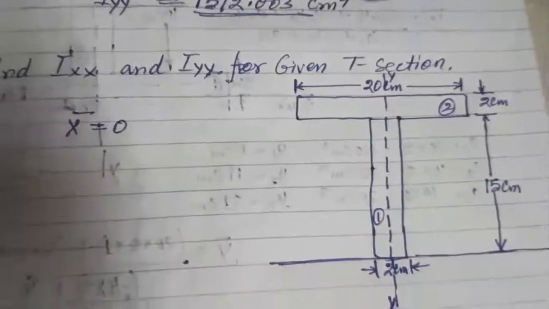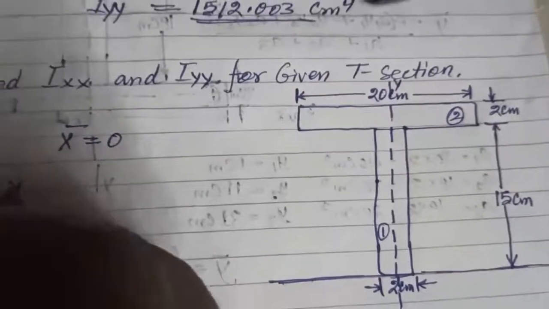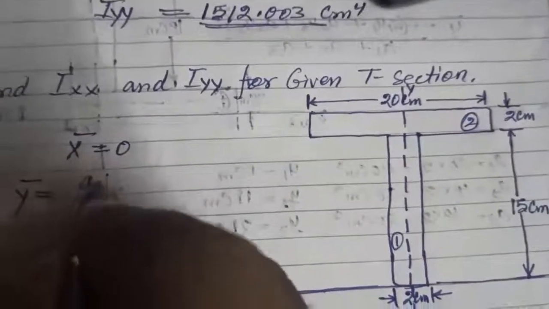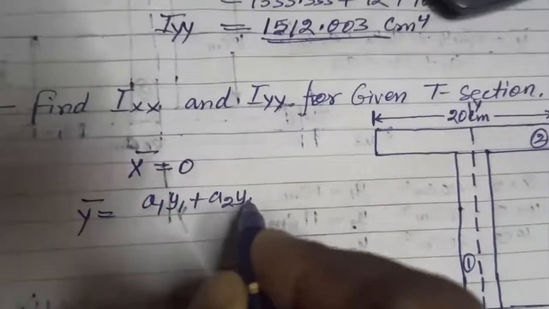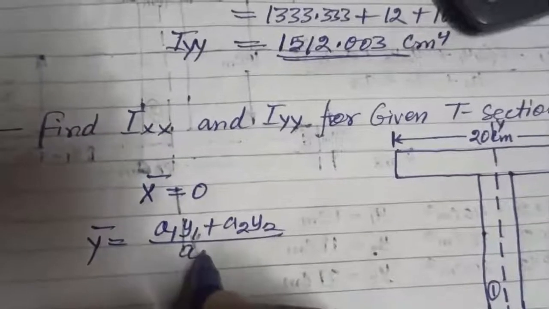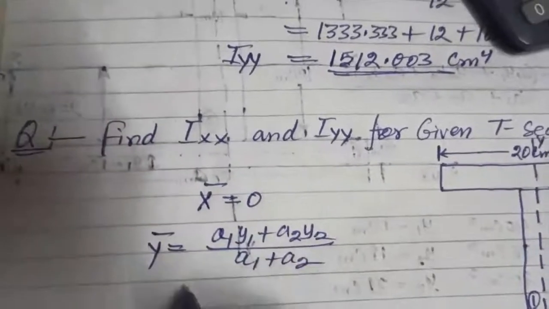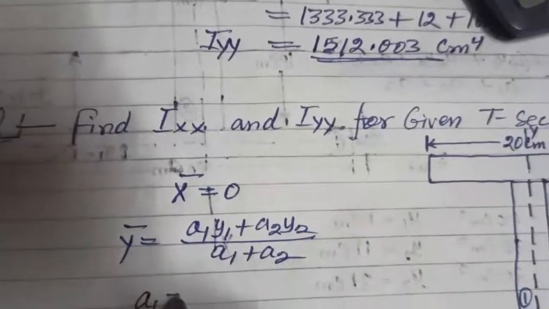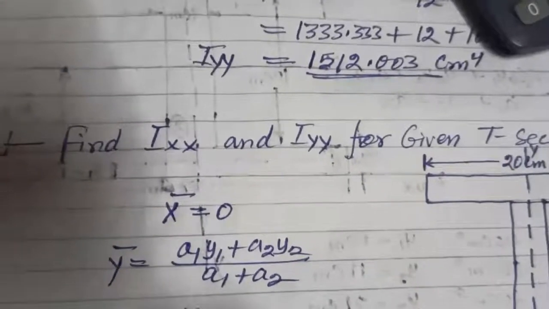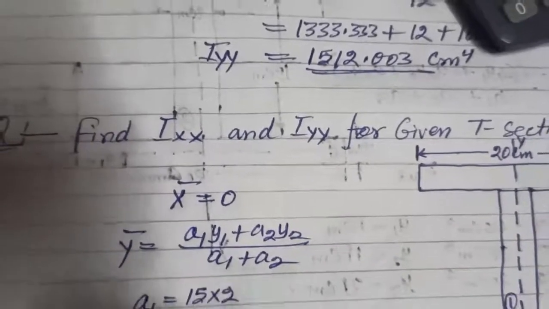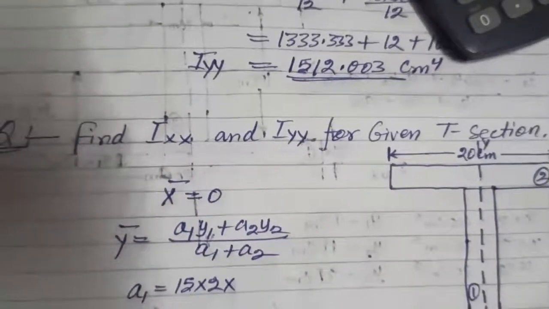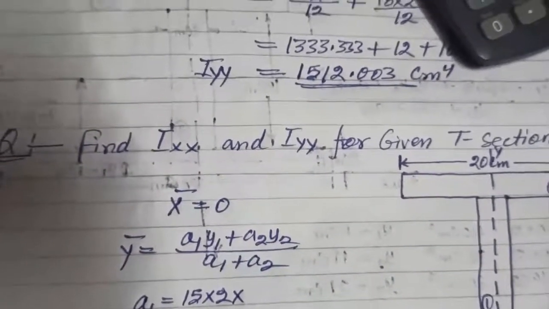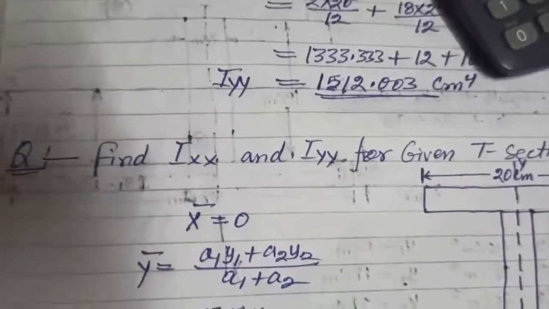So from this figure, now Y bar is A1Y1 plus A2Y2 upon A1 plus A2. So A1 is 15 into 2, into Y1. Y1 is from here and it is at half of this distance.